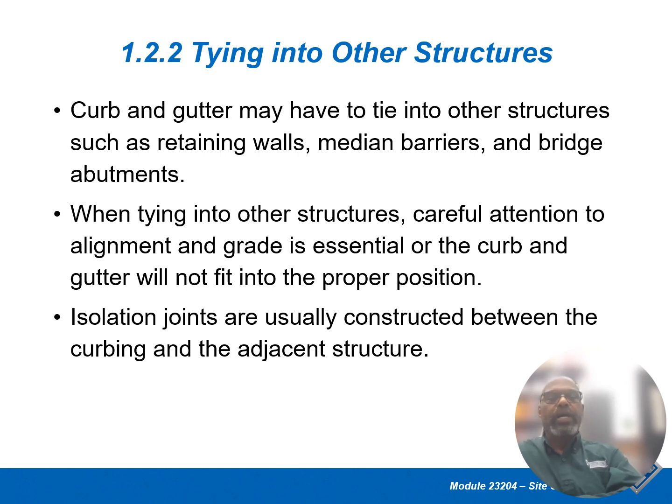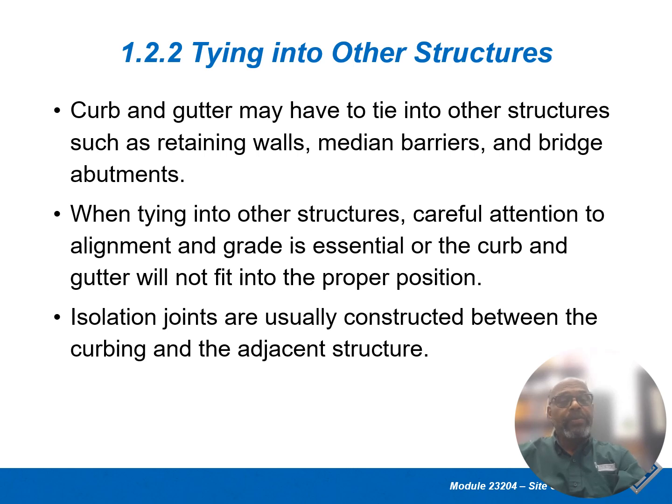Tying into other structures: curb and gutter may have to be tied into other structures such as retaining walls, median barriers, or bridge abutments. So again, to tie it in, you need to consider how you're going to be connected.